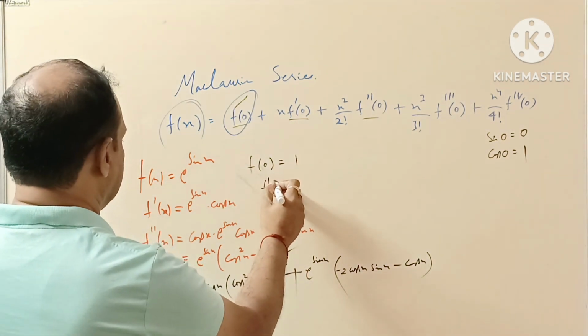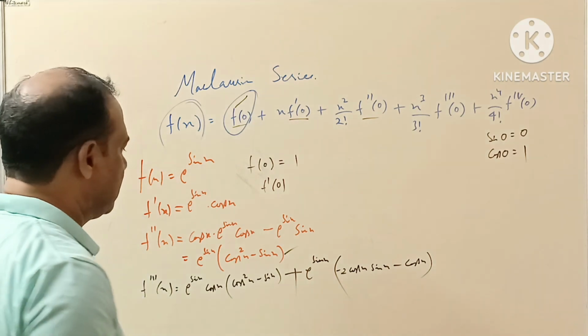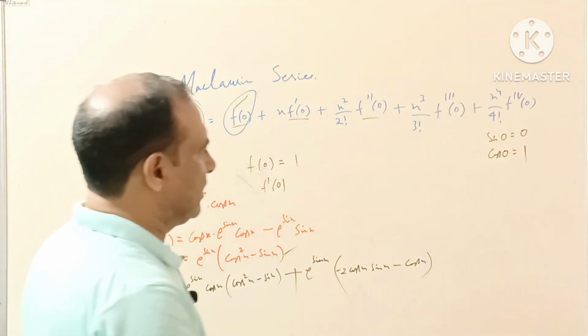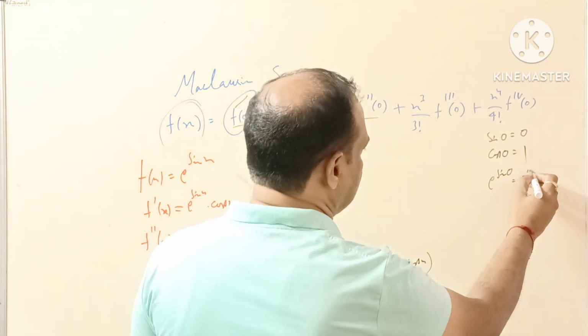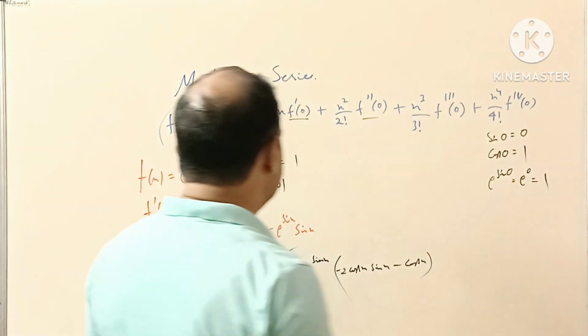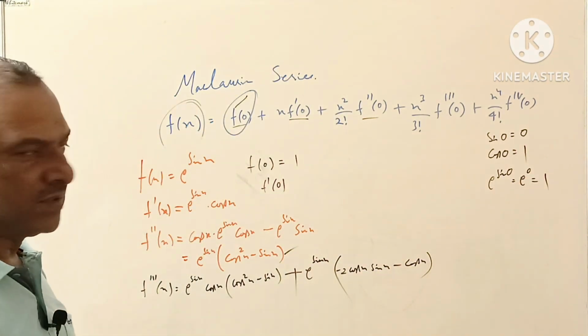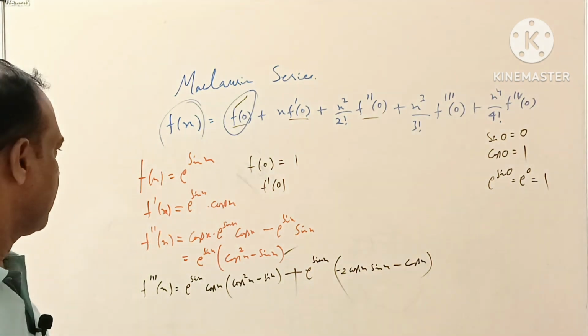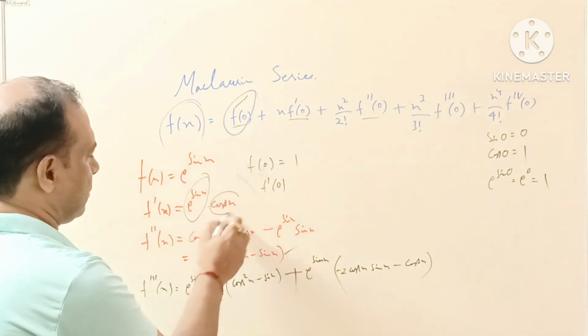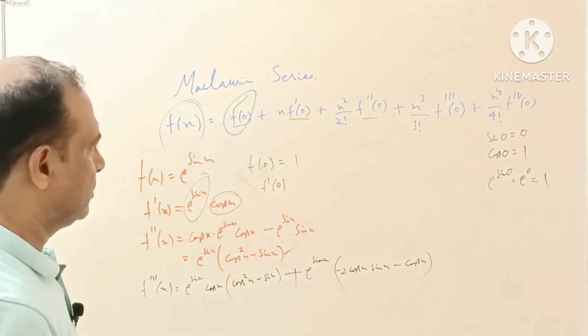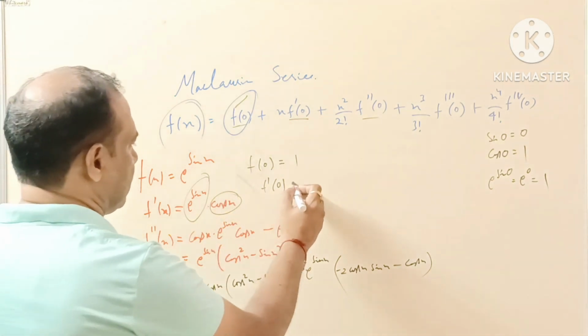For f dash 0, one thing is clear here, that if you are having e raised to power sine 0, it is equal to e0 and it is equal to 1. So wherever you are having e raised to power sine 0, just put there 1. Now here this is 1, okay, and this is cos x. Cos x means cos 0, and cos 0 is again 1, therefore it is again 1.